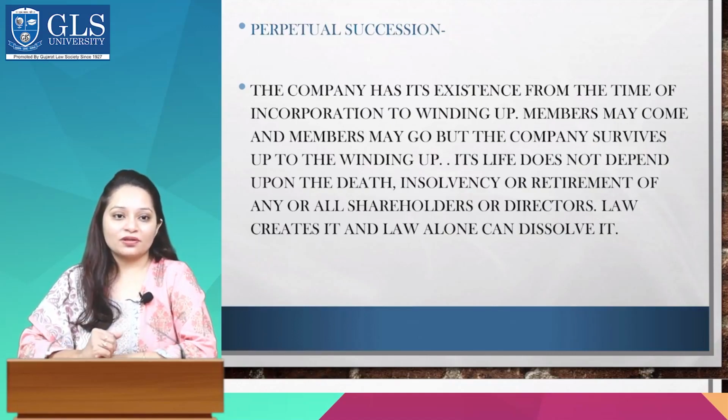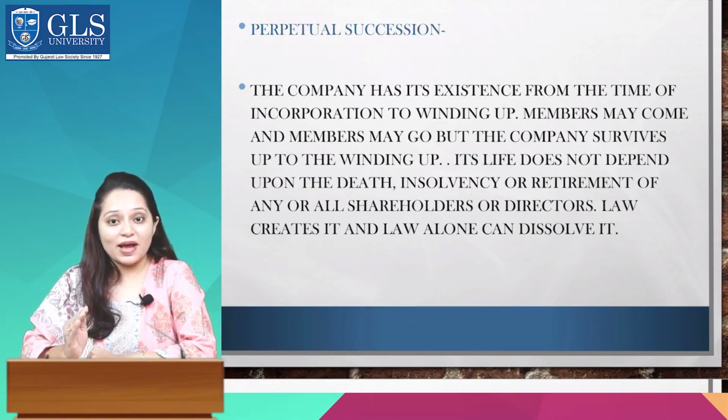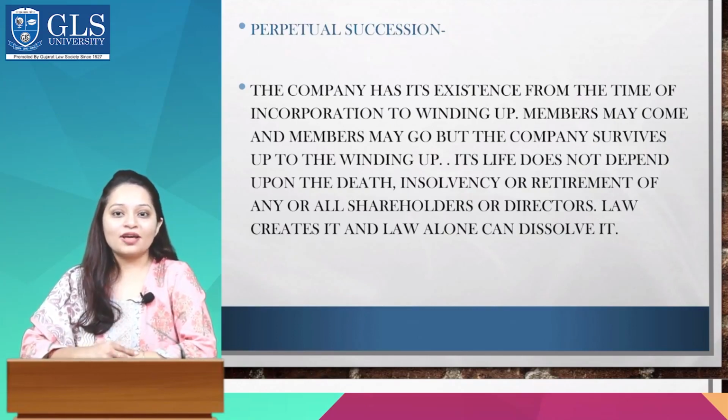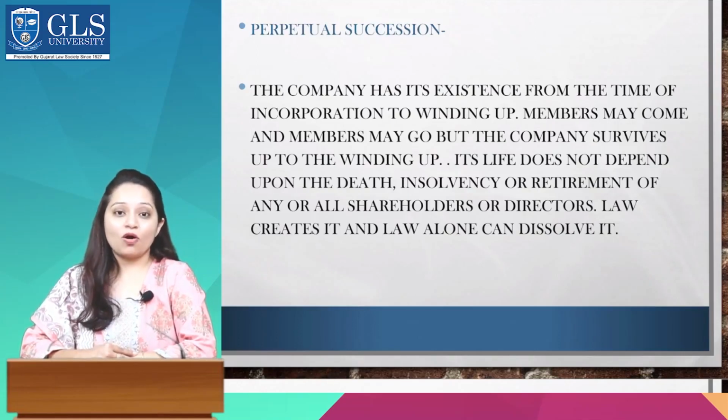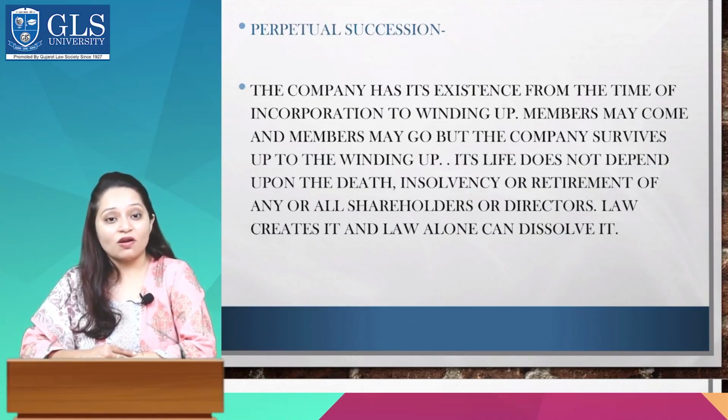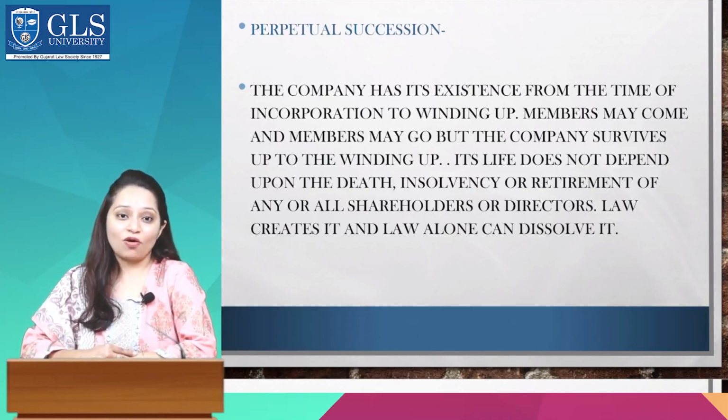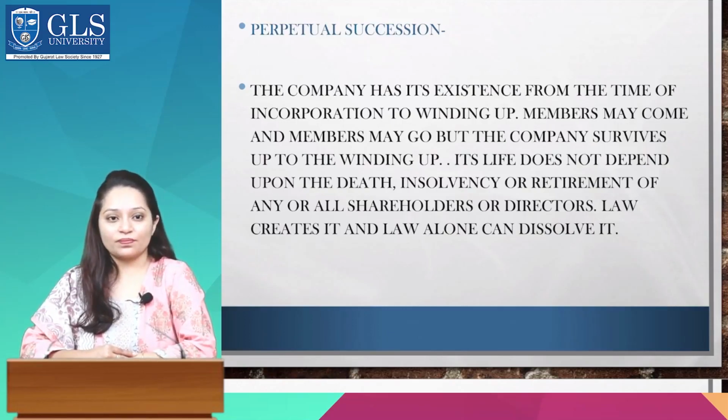Please note here, a company comes into existence by law and only law can dissolve it. The life of a company does not depend on death, insolvency or retirement of any shareholder or director.